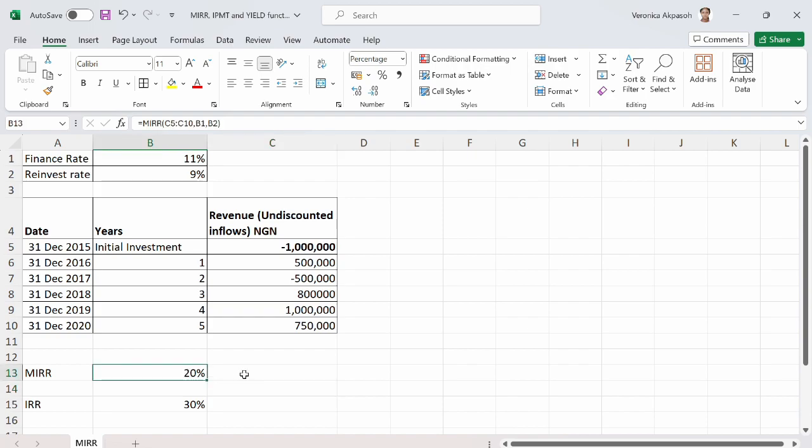So we can see in this example that the MIRR is lower than the IRR, and it can be very risky to depend on the IRR if, for example, the MIRR is lower than the cost of capital. So what does this mean? What does 20% and 30% mean for the investor, and how would he make his decision?